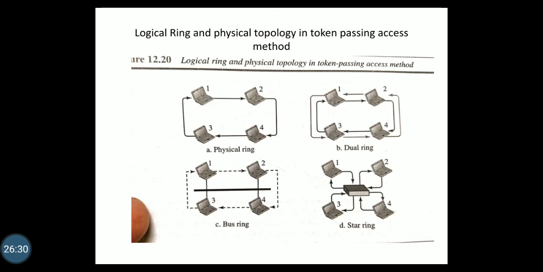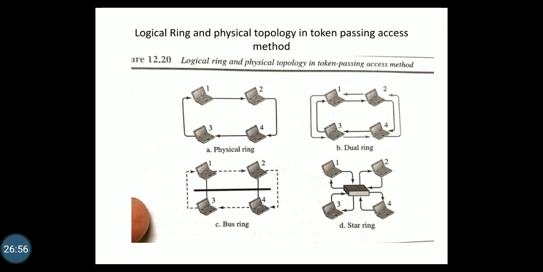Next we'll talk about the dual ring topology. In this, it uses a secondary, so-called auxiliary ring, which operates in the reverse direction compared with the main ring. The second ring is for emergencies only. If one of the links in the main ring fails, the system automatically combines the two rings to form a temporary ring.